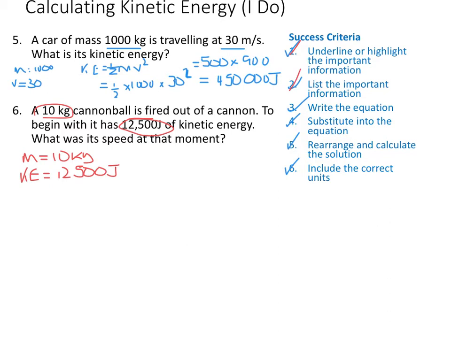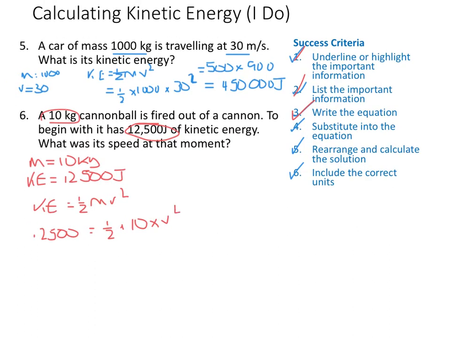I'm going to write the equation, but obviously we need to change this in a minute. Let's substitute into the equation. So we get 12,500 equals a half times 10 times v squared. This is where we need to start paying attention.